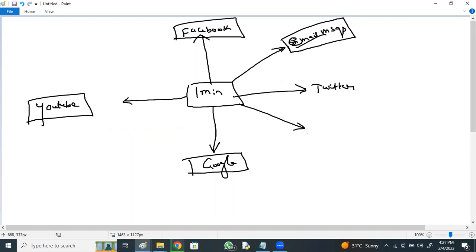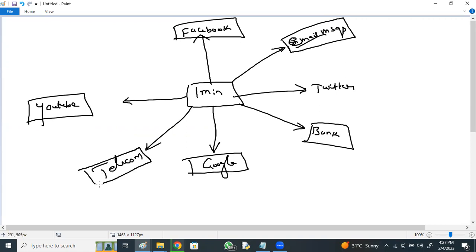And bank transactions, which I just discussed, where millions of customers make multiple transactions. Telecom transactions. And e-commerce sites like Amazon and Flipkart are generating huge data. So everywhere, most applications are generating huge data, not in MBs, GBs, or TBs, but in petabytes.